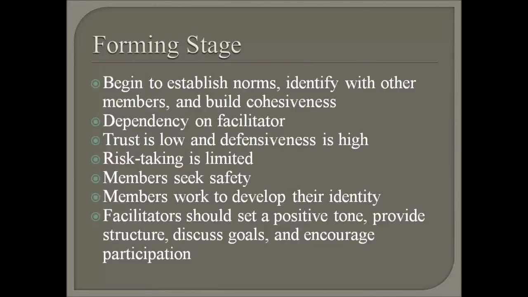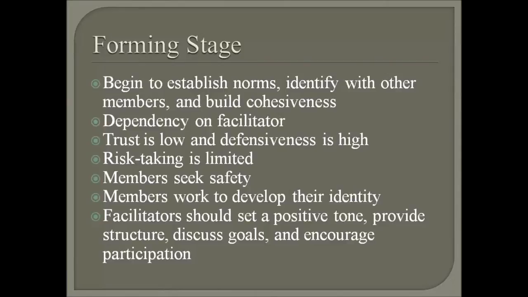In the forming stage, which of course is the beginning of the group process, the members begin to establish group norms, identify with other members, and begin to build cohesiveness. There is a lot of dependency on the group facilitator or co-facilitators in the forming stage.